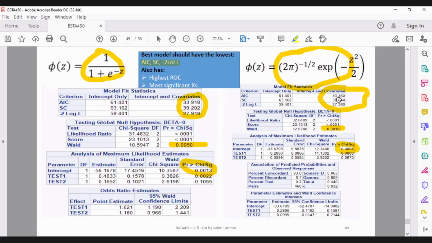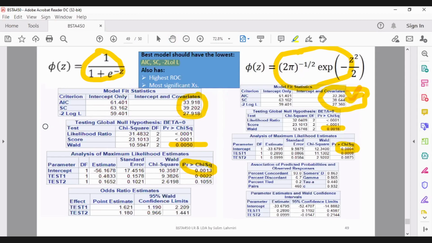So in terms of Akaike, probit is good. In terms of Schwarz, we got 38,644 versus 39,202. So in terms of Schwarz, probit is good.